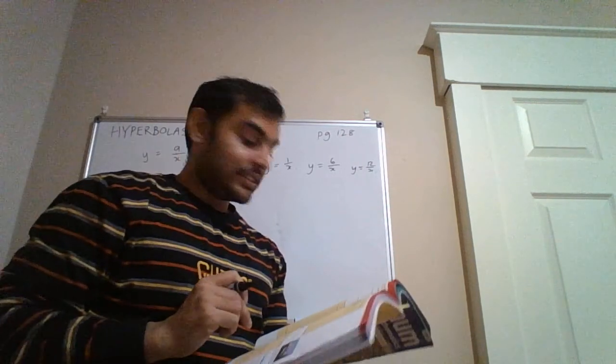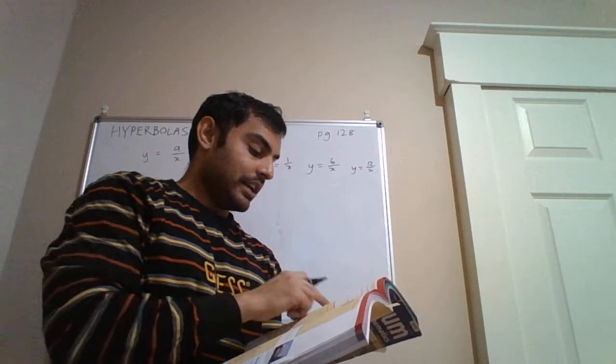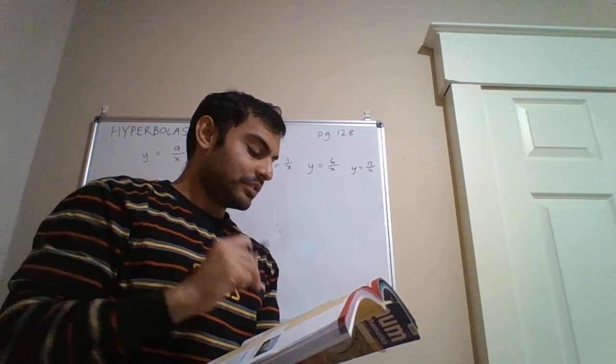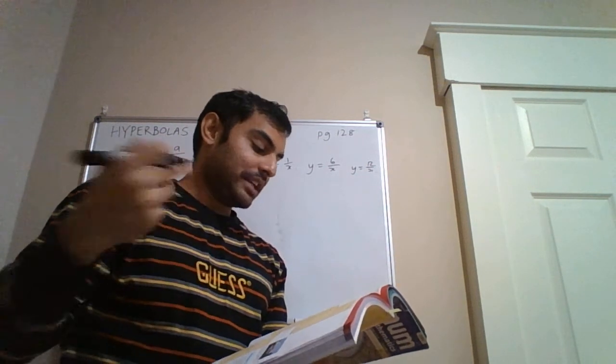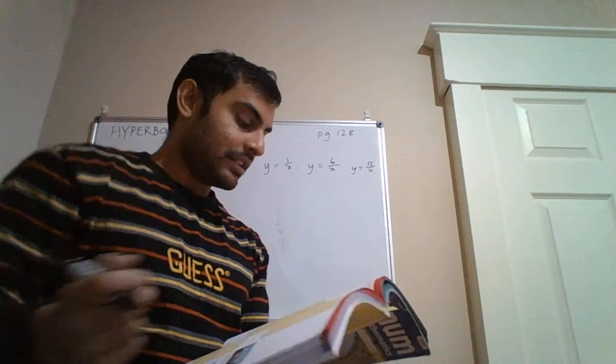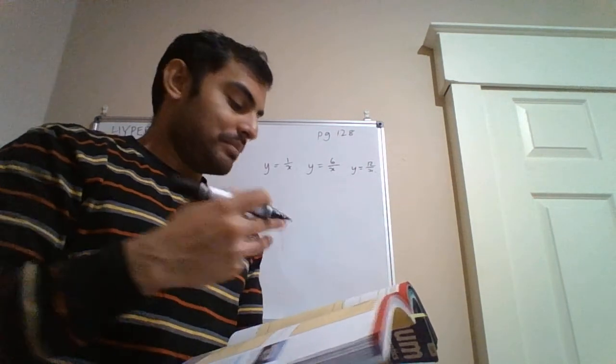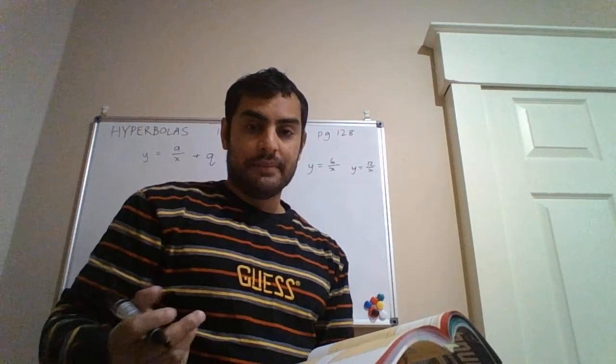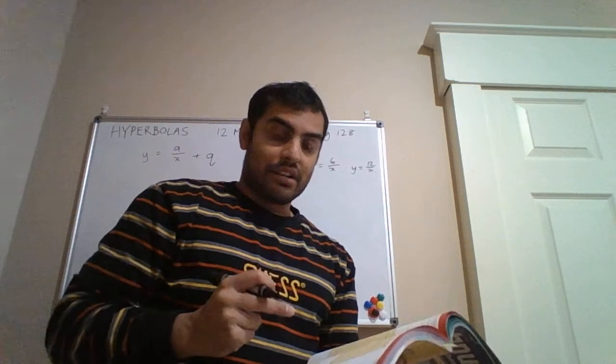So they give us a table of points for the x values: minus 6, minus 2, 1, 2, 3, 6. And they just plug these points into the formula for each of the three graphs.